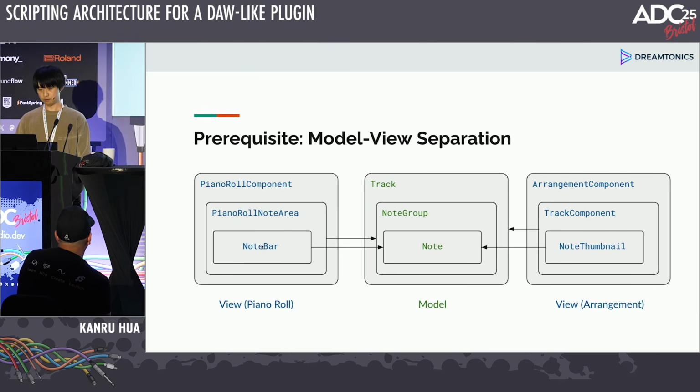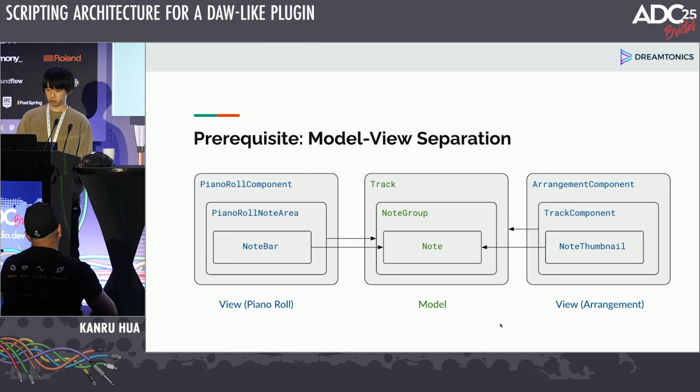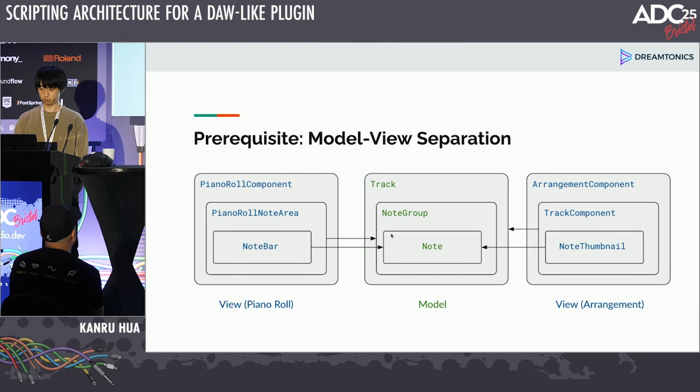Now, if you're modifying, say, dragging a node inside a piano roll, you don't want the piano roll to talk to the arrangement to say, please update the arrangement thumbnail. You don't want to have an arrow from here to here, because when you're adding another view that talks to the node, you have to repeat everything again for that one. That's just too much work and it will make everything super messy.